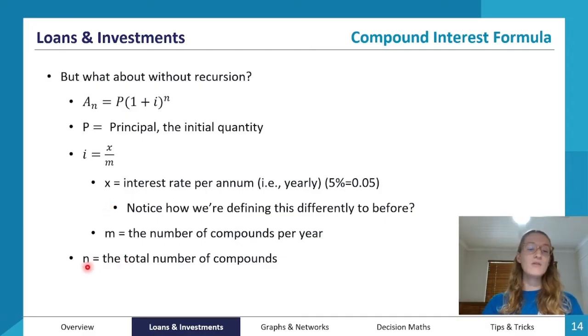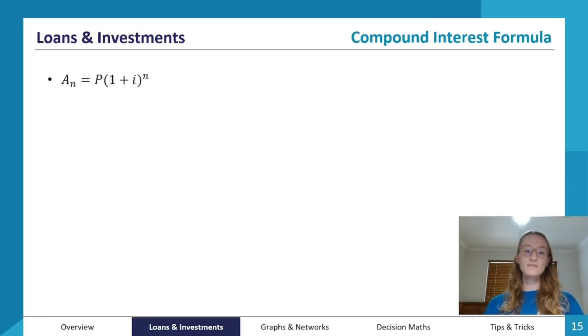That would mean N would be equal to 12 times 3, which is 36, because the total number of compounds in this loan or investment would be 36, because it's compounding every single month for 3 years, which is 36 months.